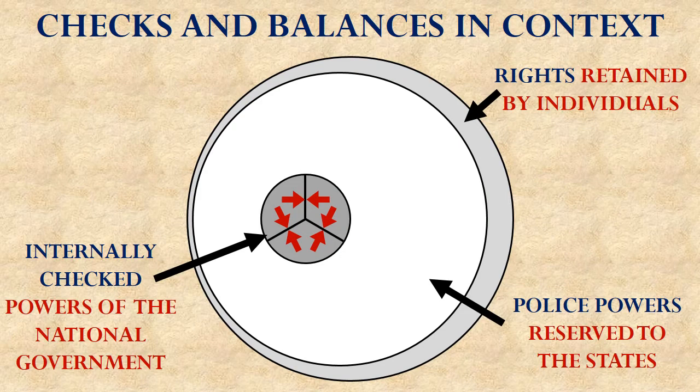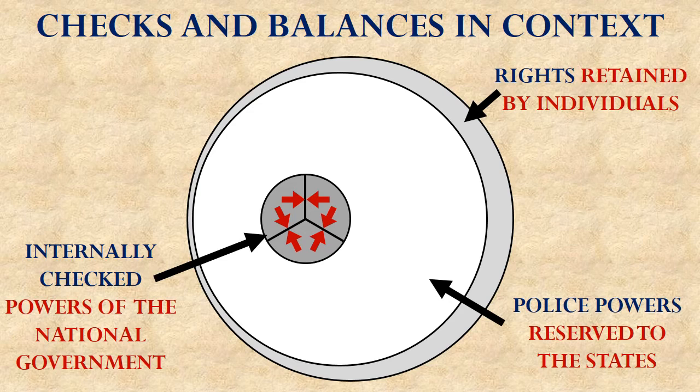In the previous lesson, we developed a model of Madison's checks and balances in the context of American federalism. You can see it here. We have, in the small gray circle in the middle, a representation of the government of the United States of America. Now it's small because the national government's a government of limited, enumerated, delegated powers.